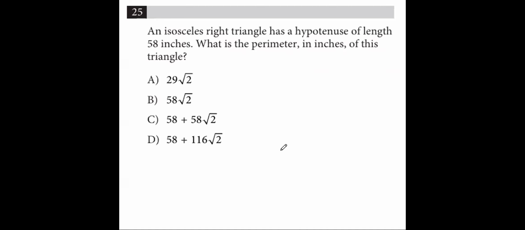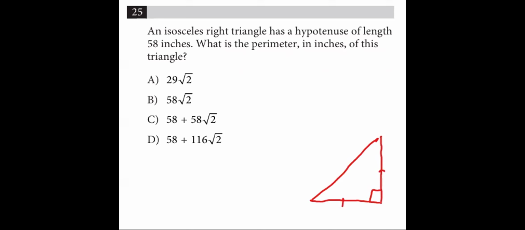Okay, so for question 25, we have an isosceles right triangle, so that would be like this. This angle and this angle are equal.